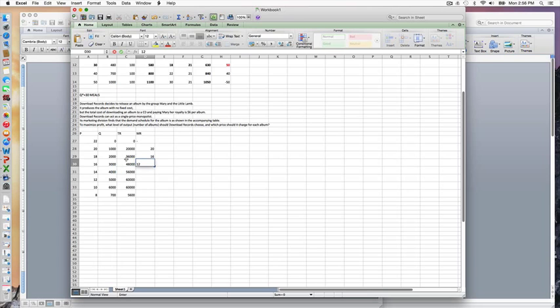So that's going to be 12. 56,000 minus 48,000 is 8,000, divided by 1,000, 8. 60,000 minus 56,000 is 4,000 divided by 1,000, 4. Then 60 minus 60 is 0 divided by 1,000, 0.